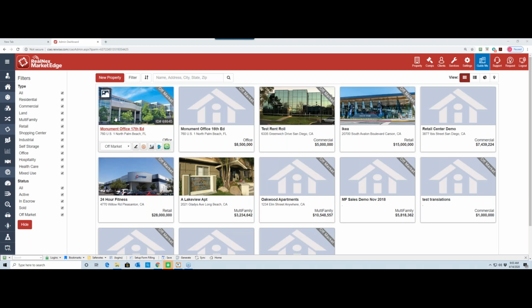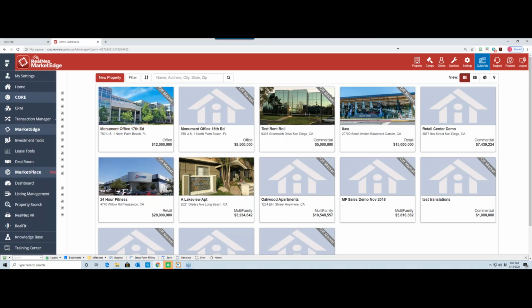You can never get it exact, and of course it depends on the geographic area of the property and size of the property and a lot of other factors. But the example I'm going to show you is Monument Office. I called it Monument Office 17th edition because it'll be in the 17th edition of the book. The old one over here is the one from the 16th edition. So I think everybody listening in knows how to get into RealNex already and how to get into the different areas.